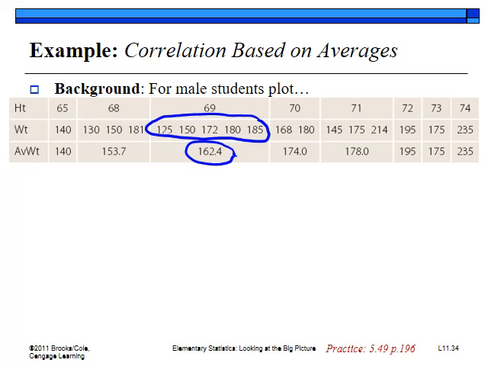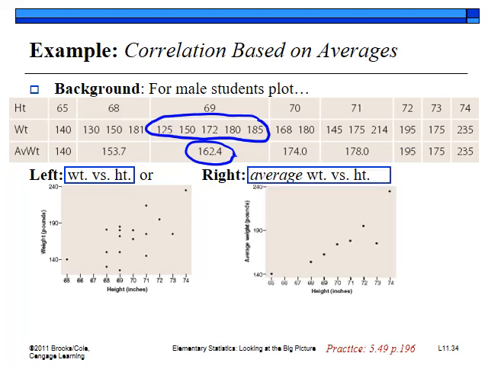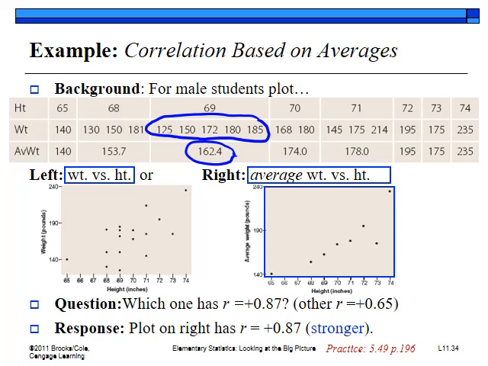So we could plot each of the data points, here they are on the left, or on the right, we can plot each of the heights along with the average weight in that category. One of these has an R of 0.87, the other has an R of 0.65. Which is which? Well, 0.87 is significantly stronger than 0.65, so the one on the right is the 0.87.